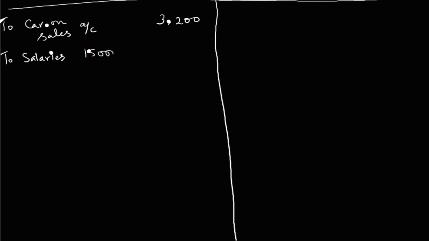Next is the profit and loss account. To carriage on sales. This is either called carriage on sales or carriage outwards. Both mean the same. Then you have salaries. Salaries, you have an adjustment. There is outstanding salaries. Outstanding expenses you will add.